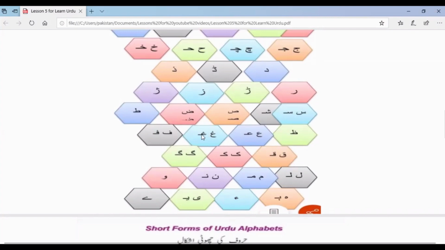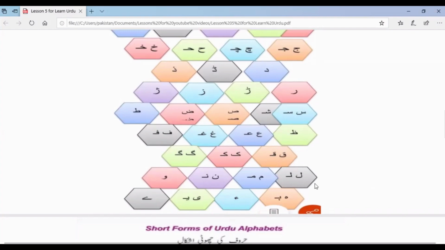Ghain, the short form of Ghain is like this, and the short form of Fe, it will look like this, and short form of Qaf in the beginning, it will look like this, and Kaf, it will look like this. The short form will look like this, and the short form of Gaf, it will look in the beginning like this.